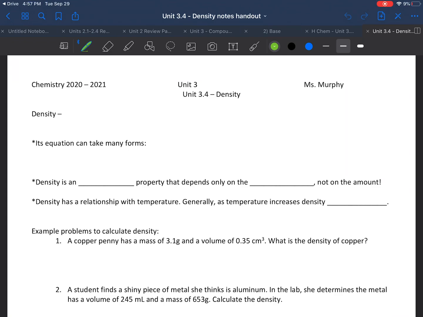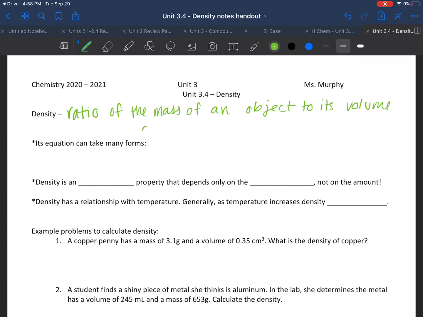And so let's first define density. We can define it simply as the ratio of the mass of an object to its volume. And so we can give this an equation.